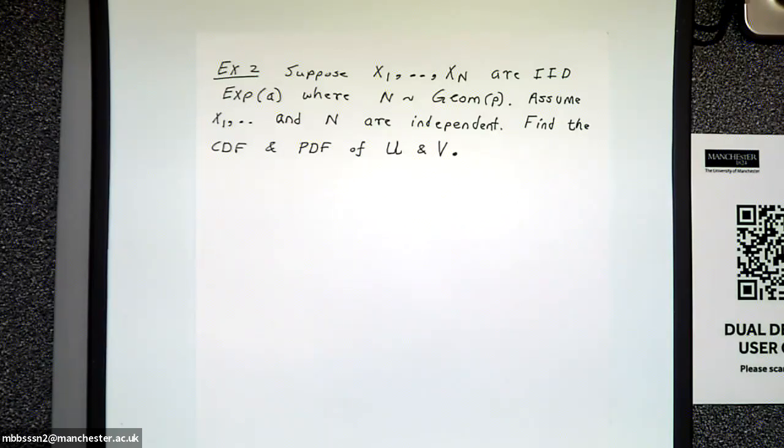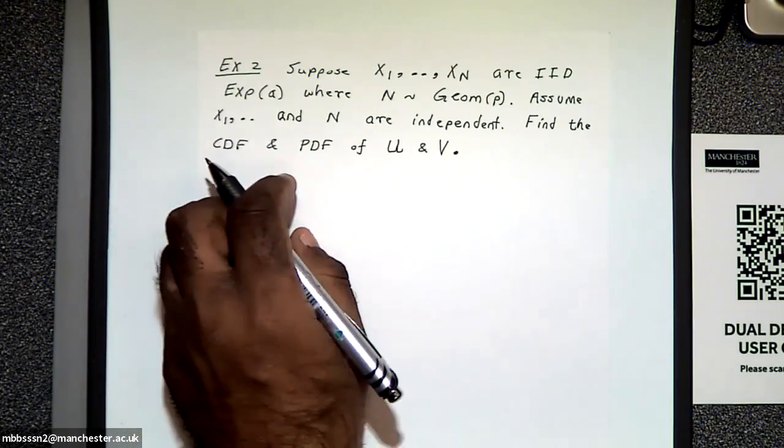This belongs to case 2, right? Remember, we talked about the 6 different cases. So example 1, which I just did, belongs to case 1. And this example 2 belongs to case 2, because you have losses which are IID, but the number of investments is a random variable. In this case, it has a geometric distribution with parameter p.